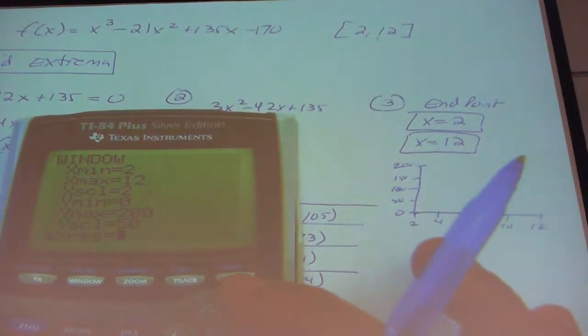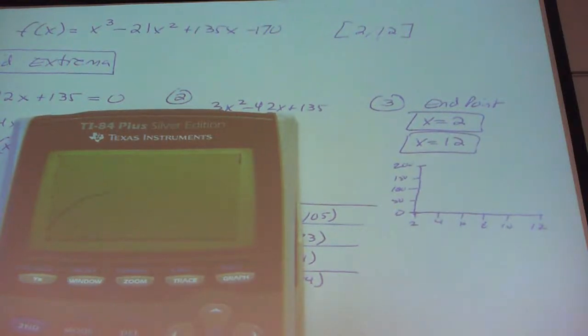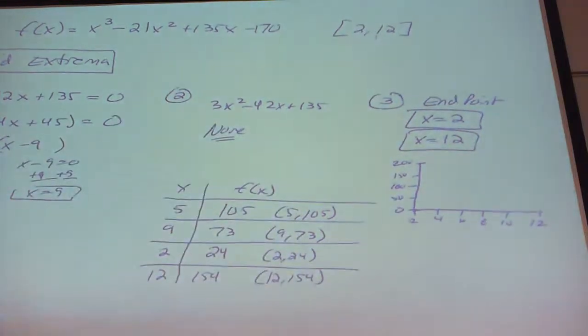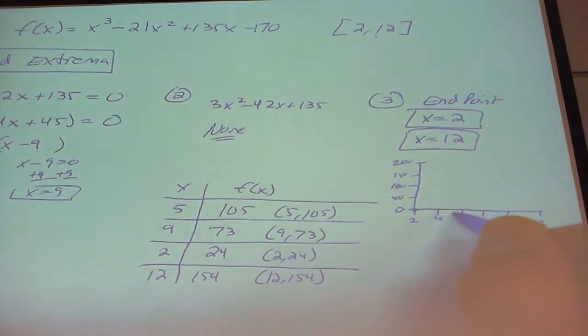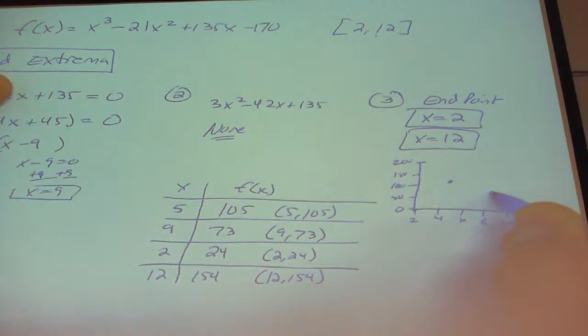We're graphing the original. And we'll label all our points. So we have 5, 105, 9, 73, 2, 24, and 12, 154.